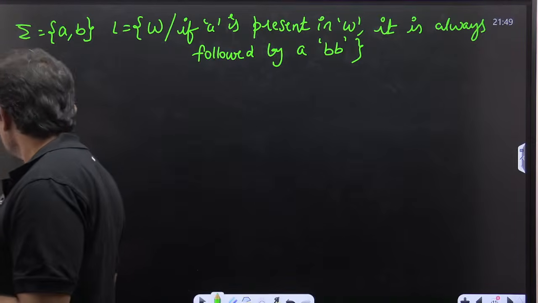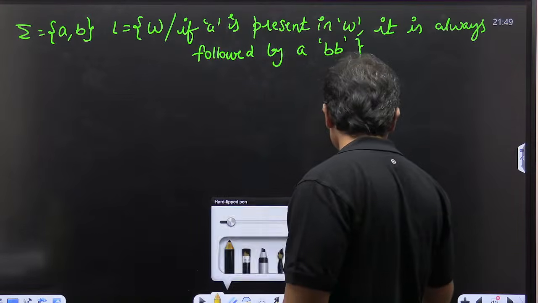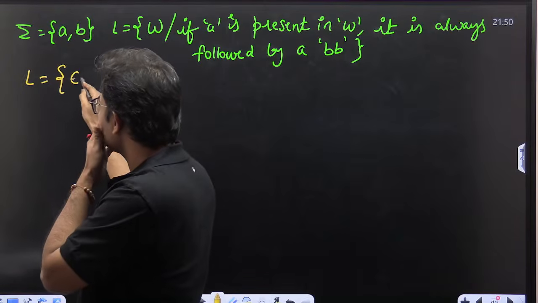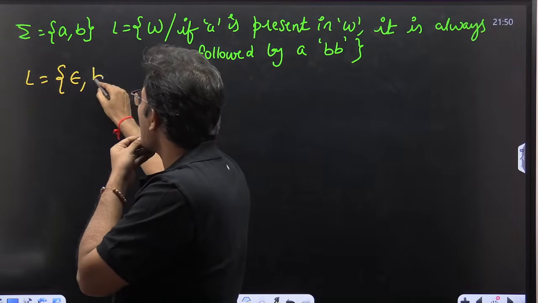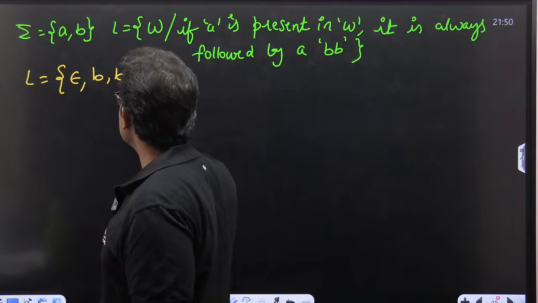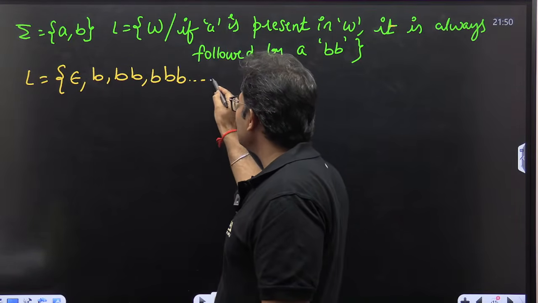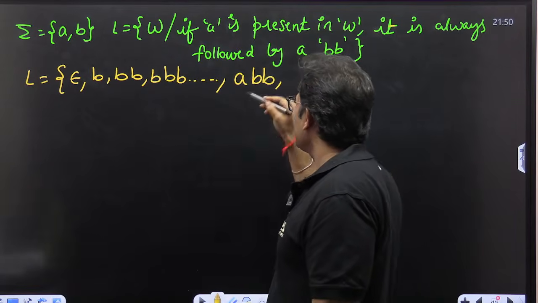Okay. So write the language, you'll get a clue definitely. The language is going to have epsilon, because if a is not present, you are going to accept it, or it can be only b's. If a is present, it should always be followed by two b's.